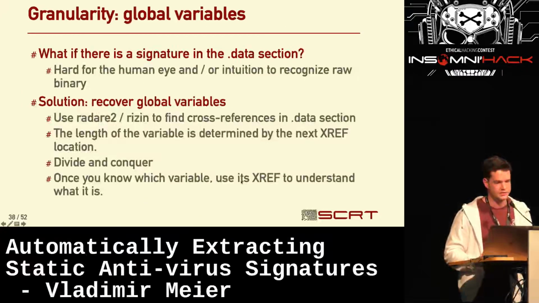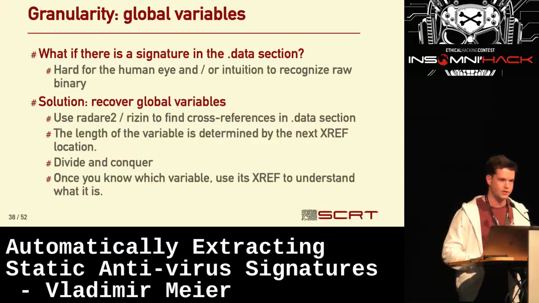Now, let's say that there is a signature in the data section. We know that there are most likely global variables in there. And it's hard for the human eye to recognize raw binary data. So what I did was try to recover them by leveraging the fact that if you have a global variable, most likely you use it somewhere in your program. So you expect to find a cross-reference coming from the text section going into the data section.